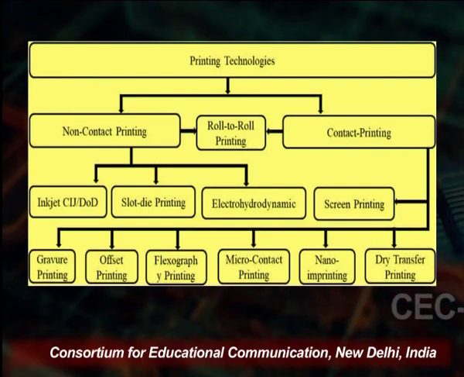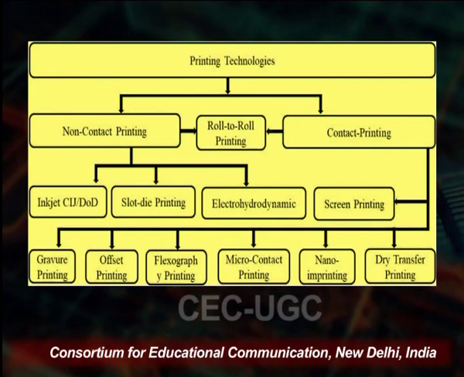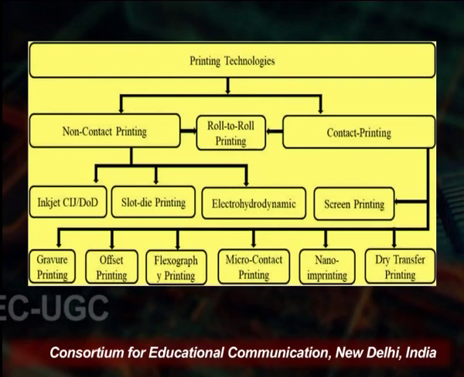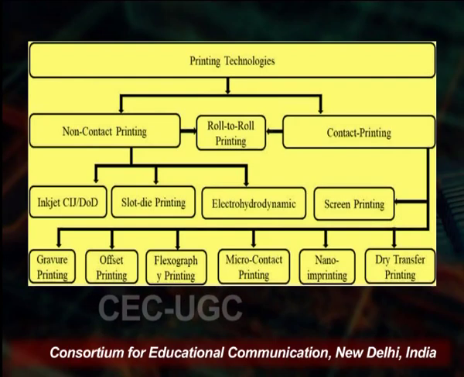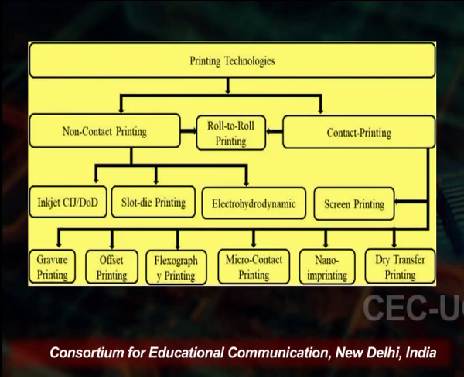Contact printing also has gravure printing, offset printing, flexography, micro contact, nano imprinting, and dry transfer printing. These are the various techniques which we use for printing electronics.